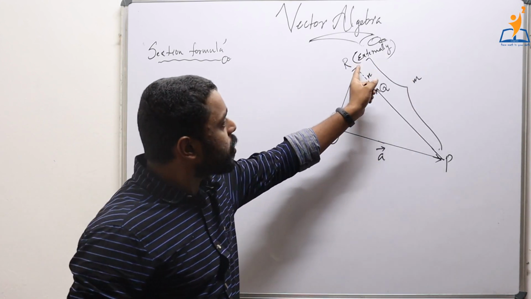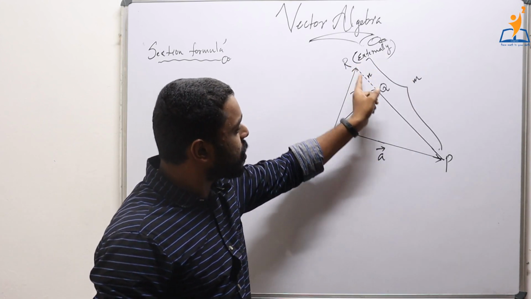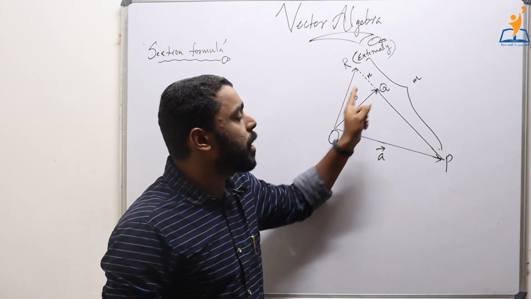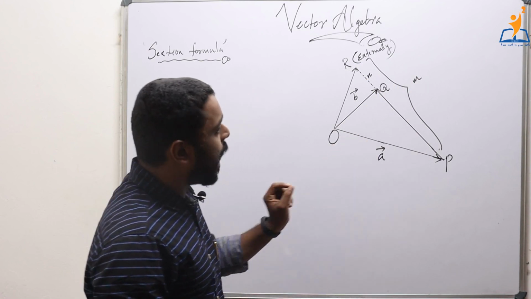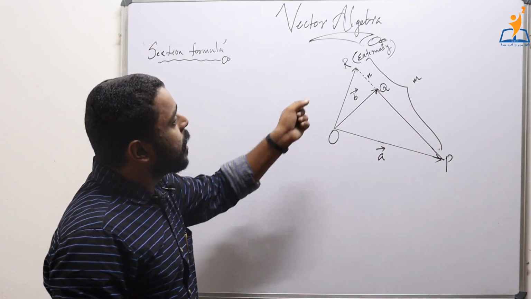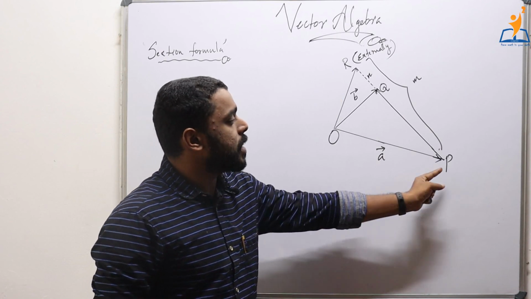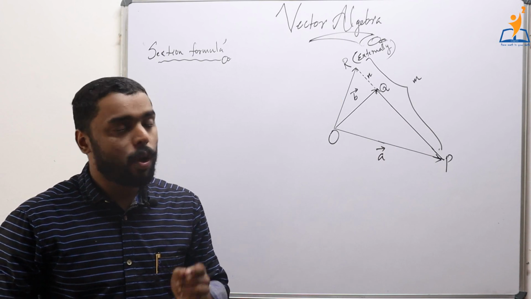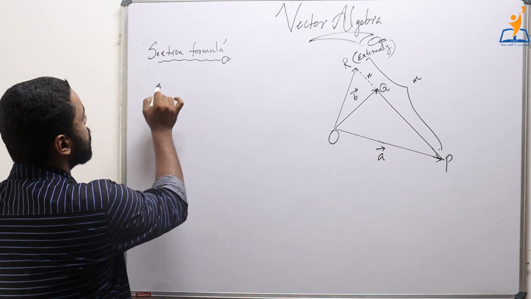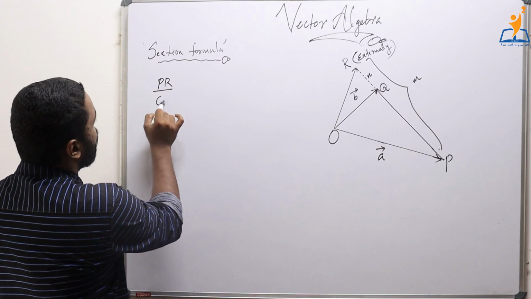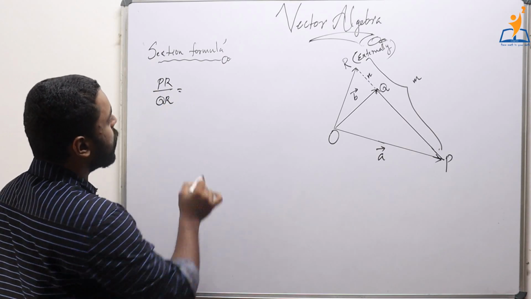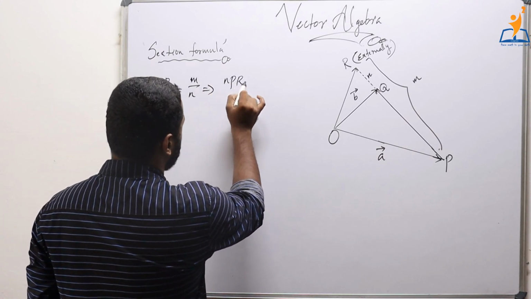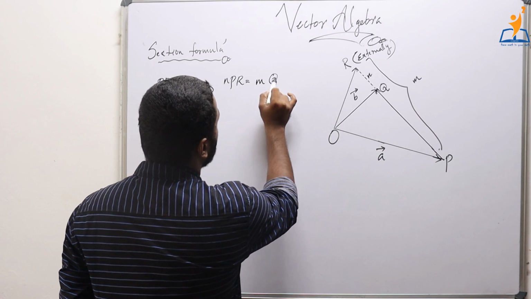Also note that suppose the distance from P to R is M and Q to R is N. Then, we can say that the point R divides the line segment PQ externally in the ratio m is to n, or we can write it as PR by QR is m by n, which implies that N PR is equal to M QR.